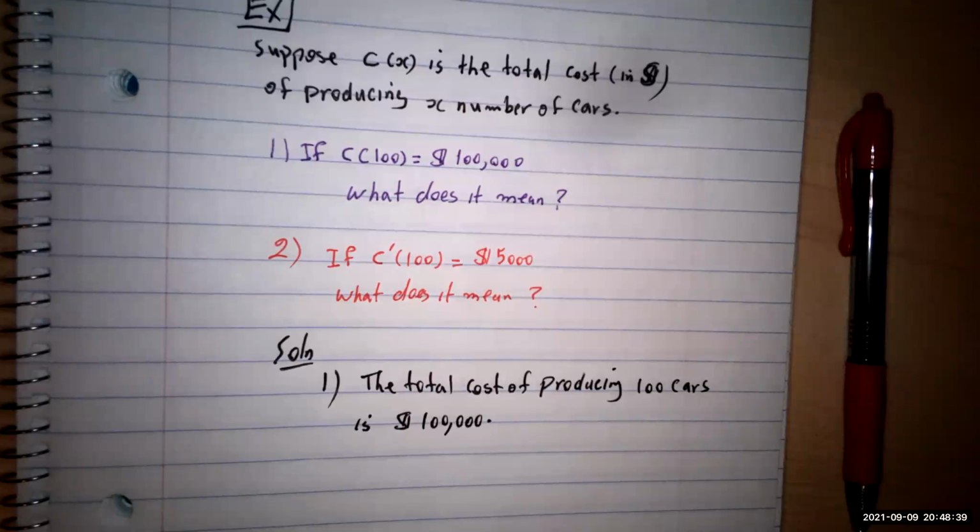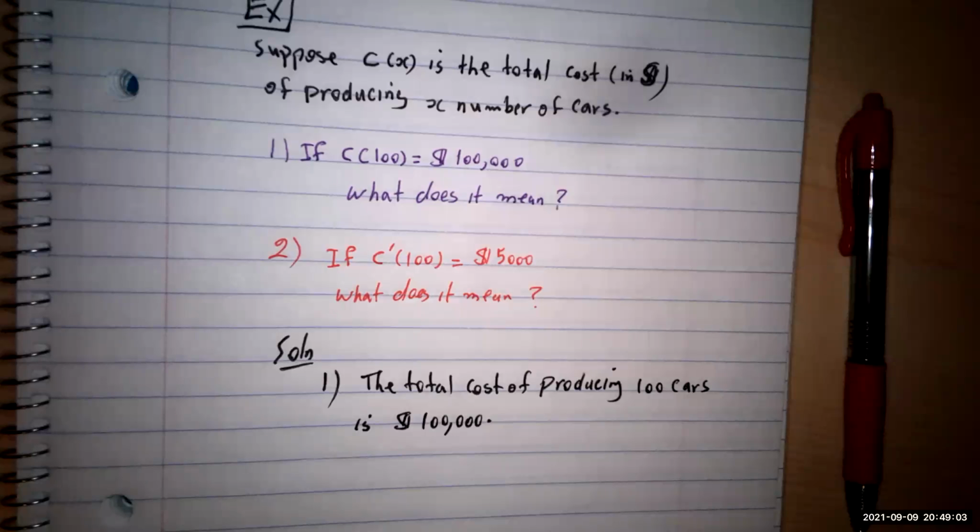So when we say C prime of 100 is equal to 5,000, what are you predicting for us? Would it be like the cost of producing an additional car after you have produced 100? Excellent. That's it. Yes, that's exactly what it is. You see, C prime means the prediction.